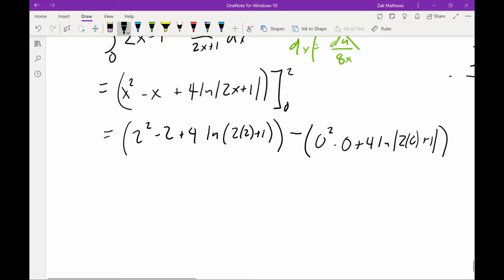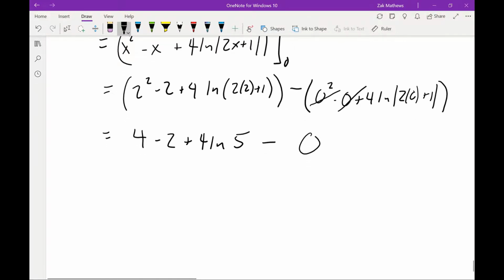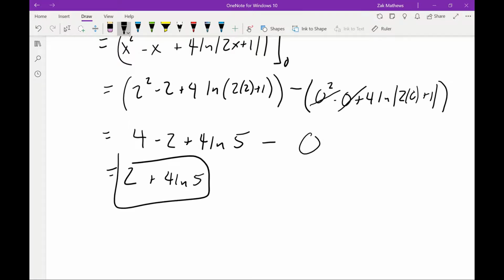And so simplifying, we get 4 minus 2 plus 4 natural log of 5, minus 0, and natural log of 1 is 0, so that all just zeroes out. And so we can clean that up a little bit: 2 plus 4 natural log of 5. And that would be our answer. Again, we had a definite integral there, so we have no plus c.